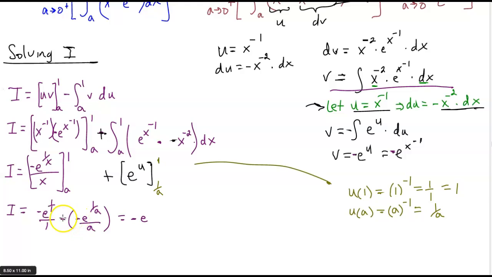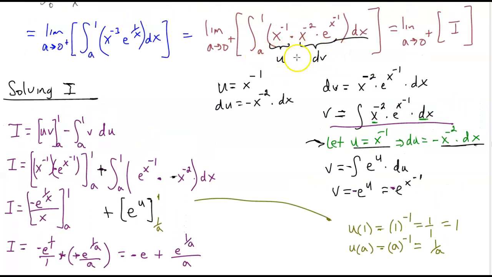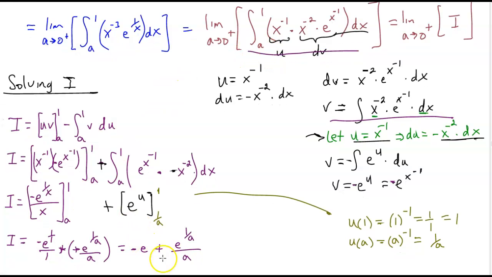And this negative and that negative will end up being addition. And so you'll just have plus e to the 1 over a over a. And so that is all the stuff that's inside of here. All that just ends up being this expression right here.